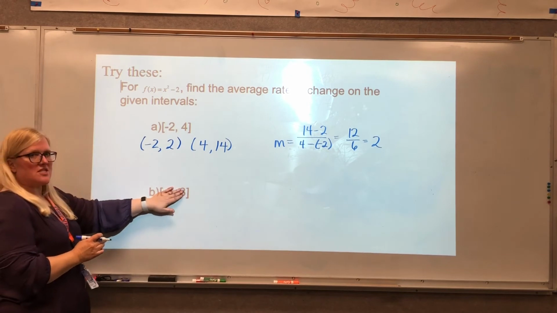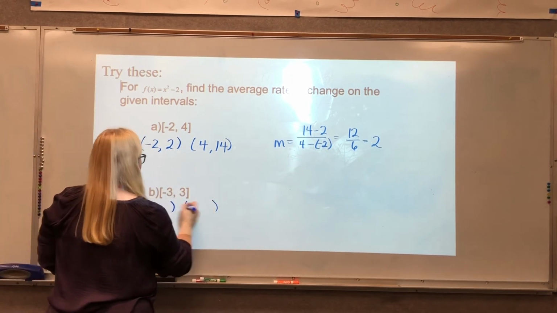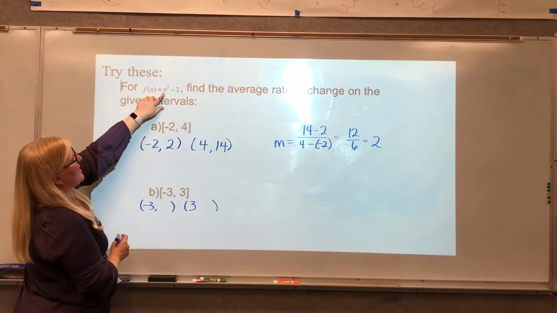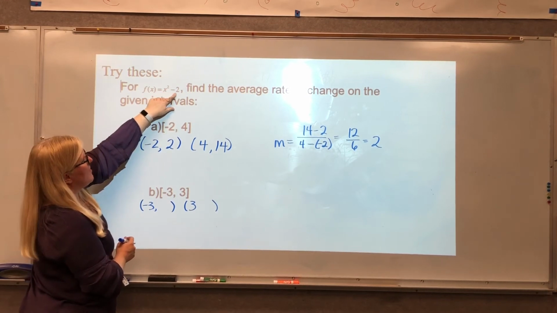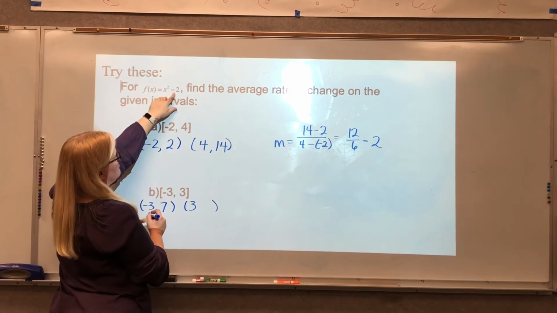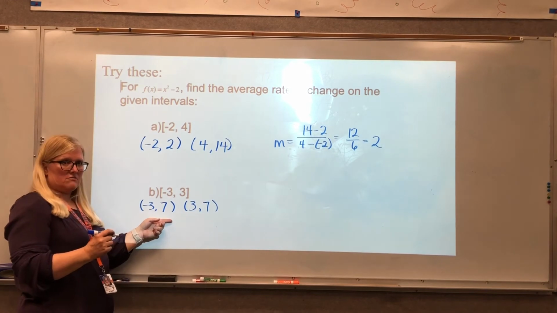This one's interesting. Again, I've got my x values: -3 and 3. If I plug in -3 here, I get -3 times -3 is 9, minus 2 is 7. 3 times 3 is 9, minus 2 is 7. Some of you might see it here.